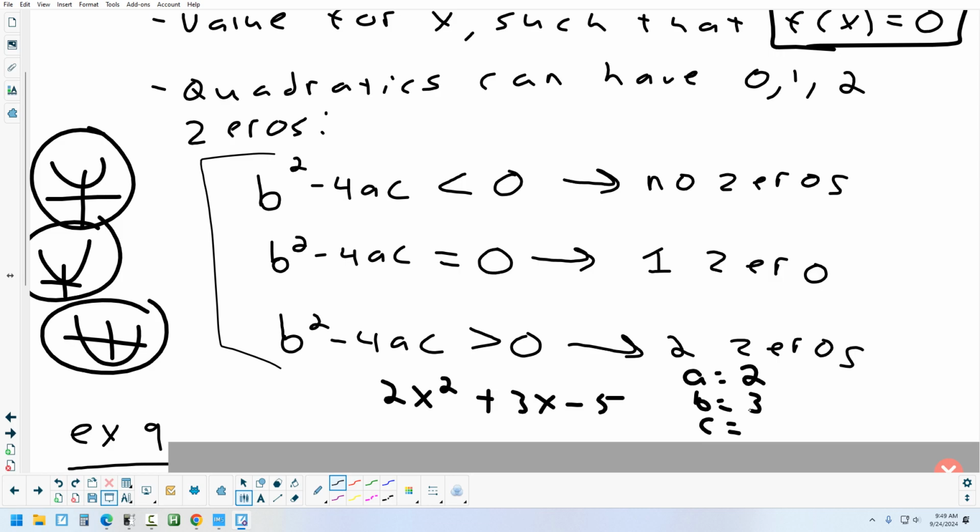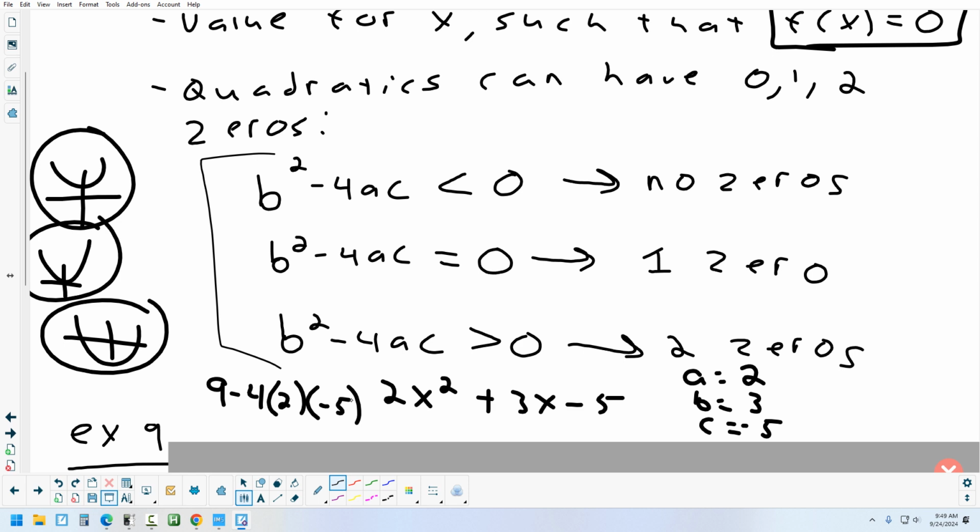And c? Negative 5. Yeah, I'm going to take the sign to the left that goes with the number. All right, so let's see what b squared minus 4ac is. What's b to the second power in this one? 9. Minus 4 times, what's a? 2. And what's c? Negative 5.